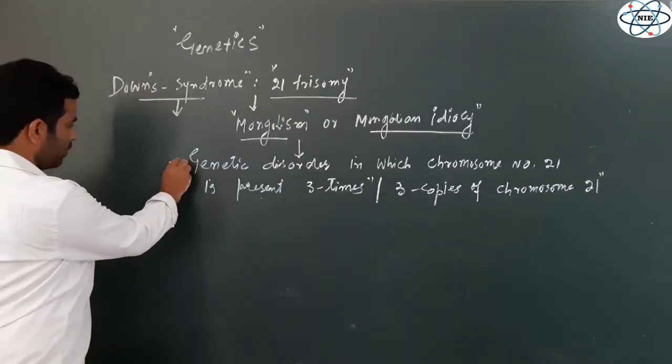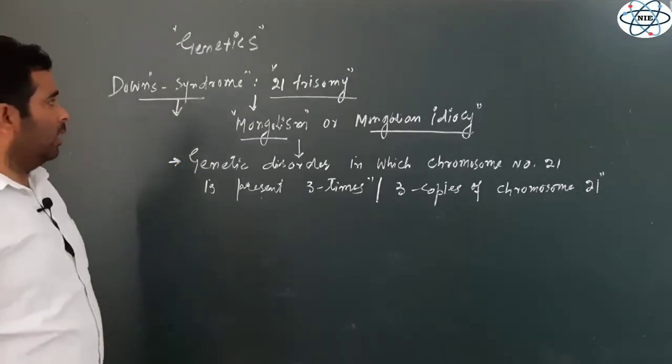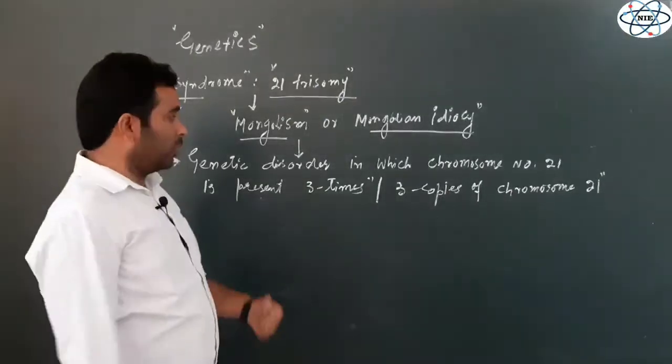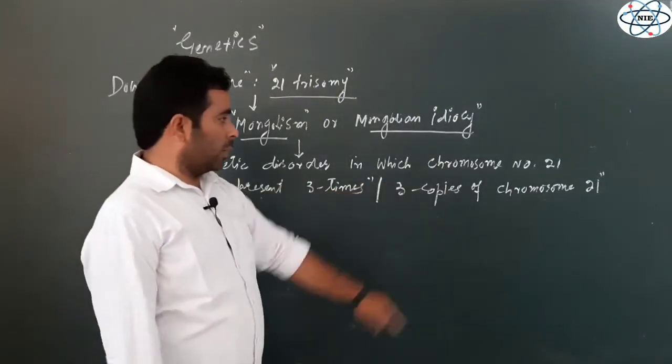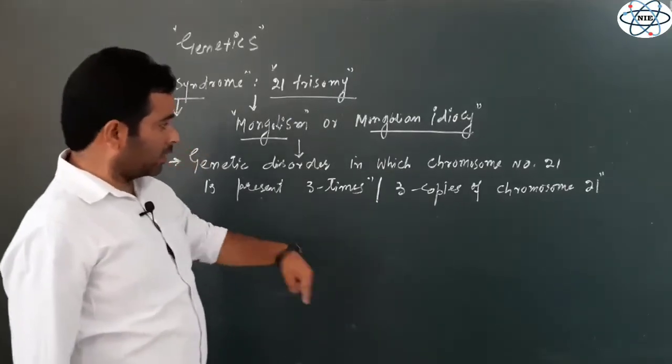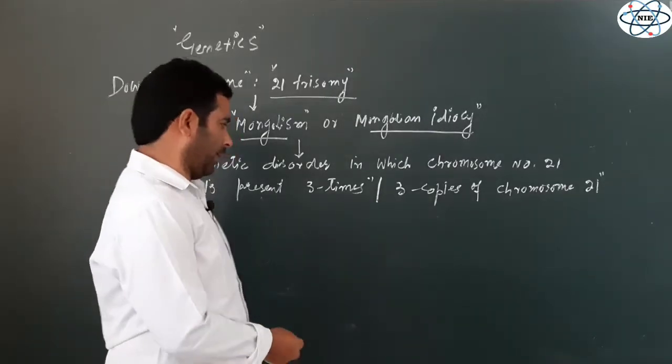So this is the precise definition of Down syndrome. It is a genetic disorder, a chromosomal abnormality, in which the chromosome number 21 is present 3 times, or there are 3 copies of this chromosome number 21, right?